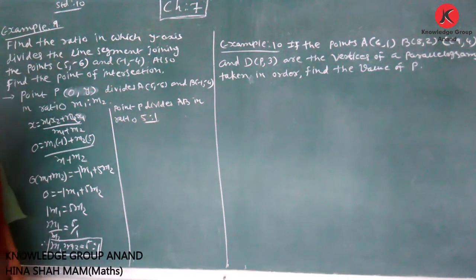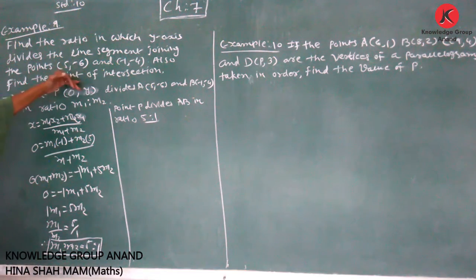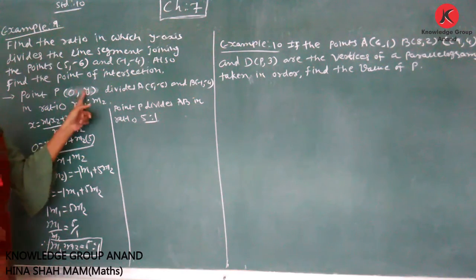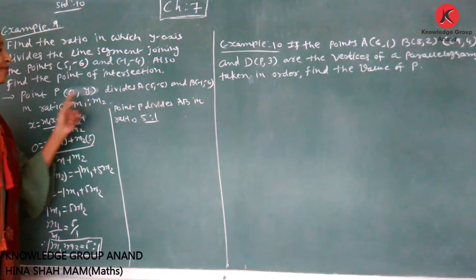Also find the point of intersection. One point, the x coordinate, is 0, but we do not know y.